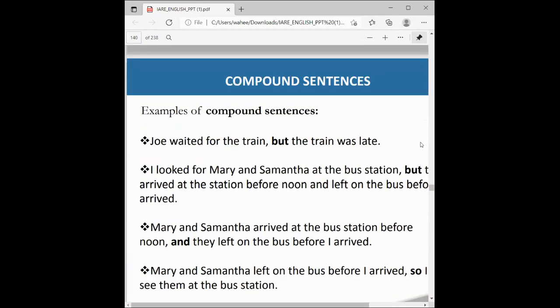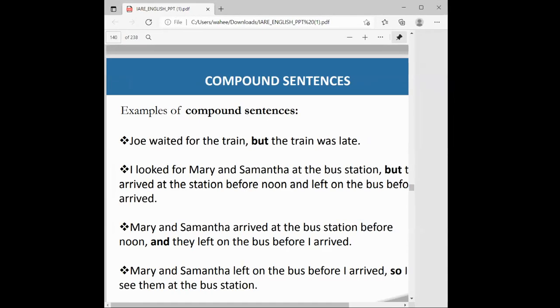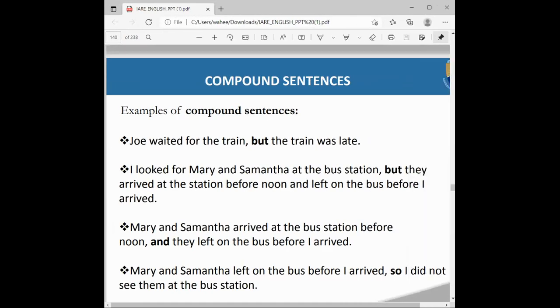Joe waited for the train, but the train was late. Here, but is added, a linking word. I looked for Mary and Samantha at the bus station, but they arrived at the station before noon and left on the bus before I arrived.